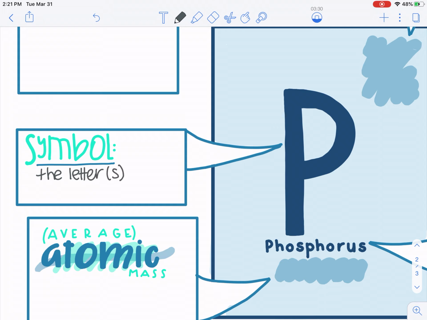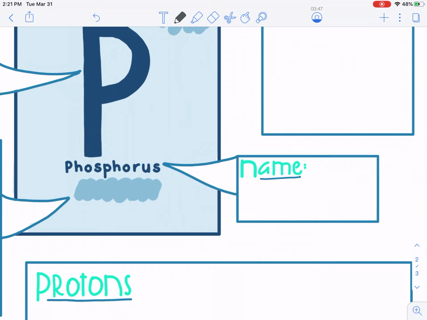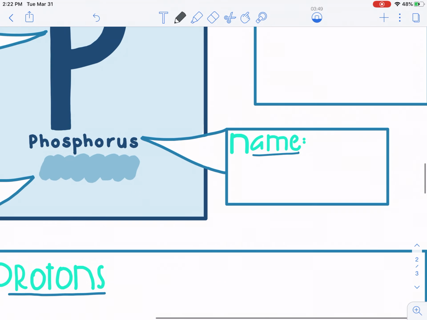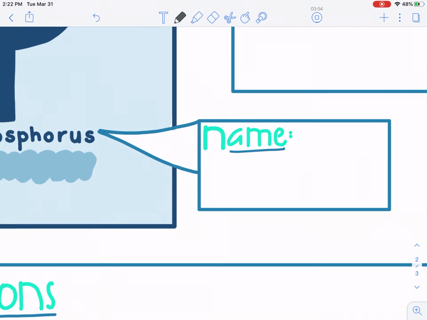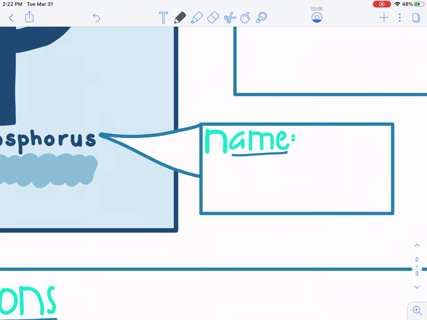Some of them have two letters, a capital and then a lowercase, that represent an element. And the name is usually found below the symbol. However, some periodic tables might not have the name written out. They will, however, always have the symbol in each square.